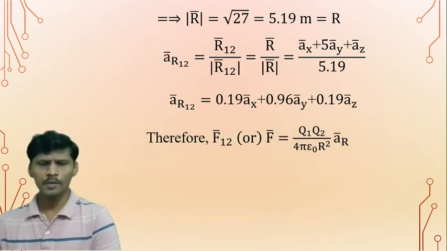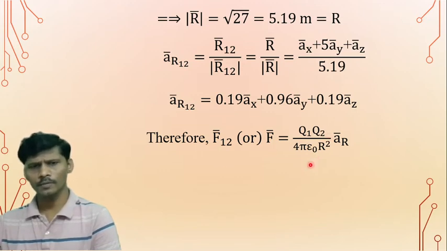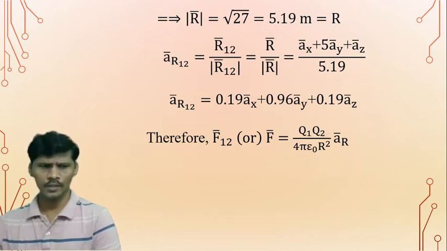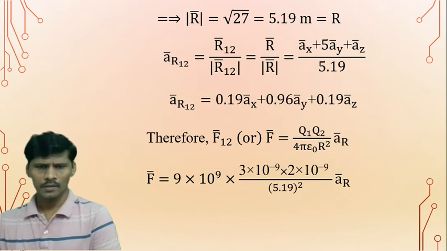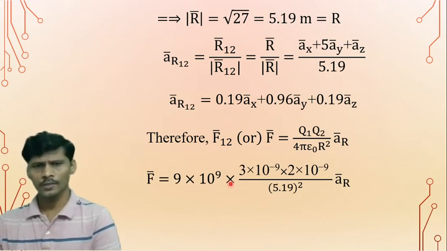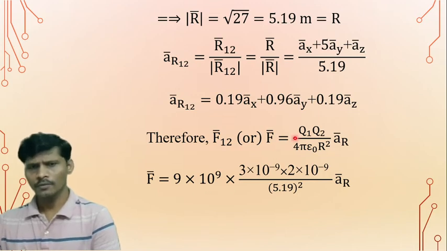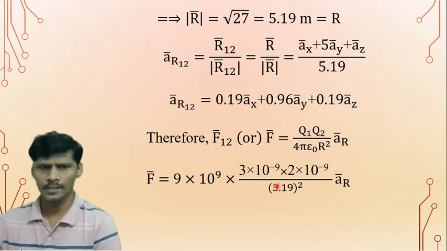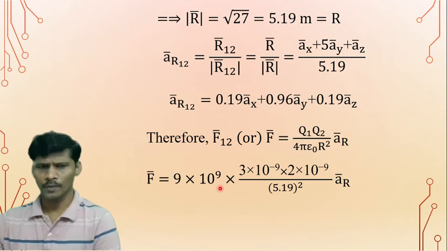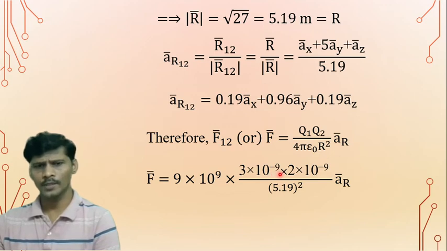Therefore, the force F bar is equal to Q1 Q2 by 4 pi epsilon r square into ar bar. Substitute all the values into this equation, we get the force F bar is equal to: the value of 1 by 4 pi epsilon naught is 9 into 10 to the power of 9. Q1 is given data, 3 nanocoulombs, 3 into 10 to the power of minus 9.